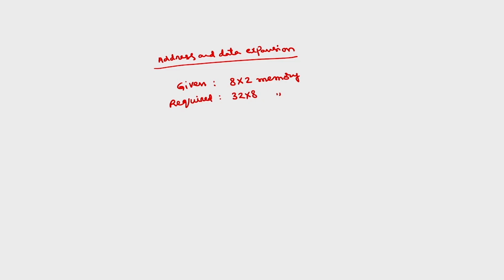Now this is 8 and this is 32, so the address also has to be expanded, and this is 2 and this is 8, so the data also has to be expanded. You have to expand both.